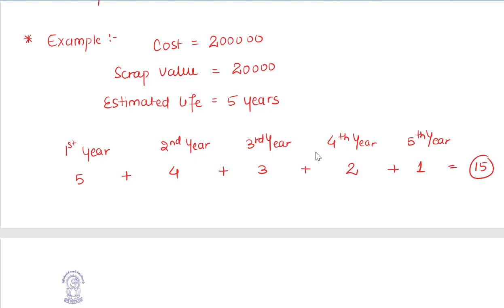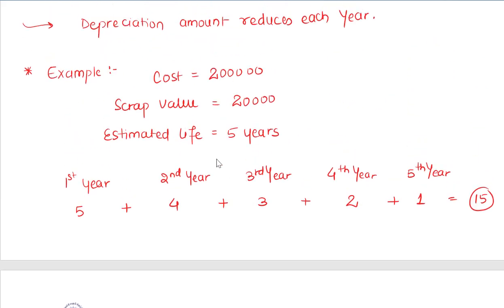The sum total of all these numbers is 15. That is 5 plus 4 plus 3 plus 2 plus 1 equals 15.